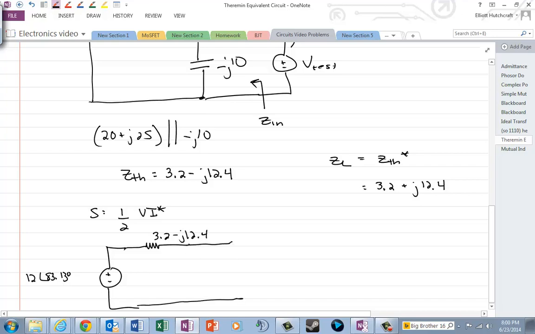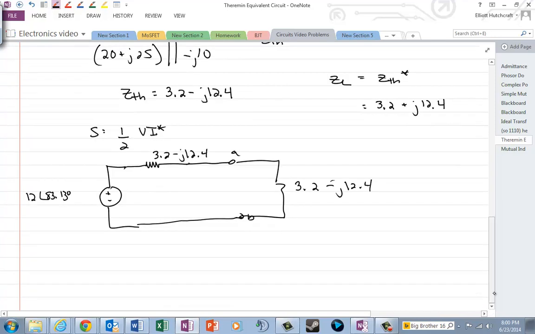And there's our terminals A and B. And we're going to attach our complex conjugate for it. And this is important to realize. What happens again is the minus J12.4 and the plus J12.4 cancel, and now it looks like a completely resistive circuit.